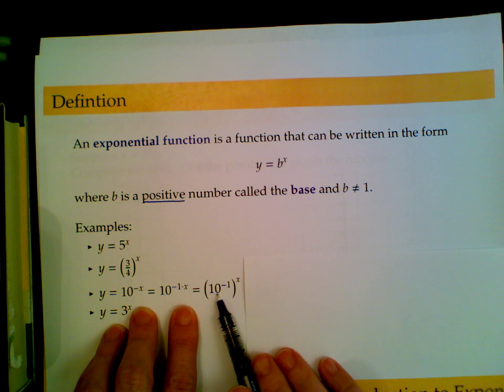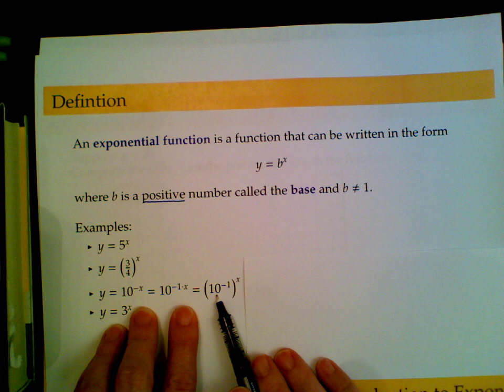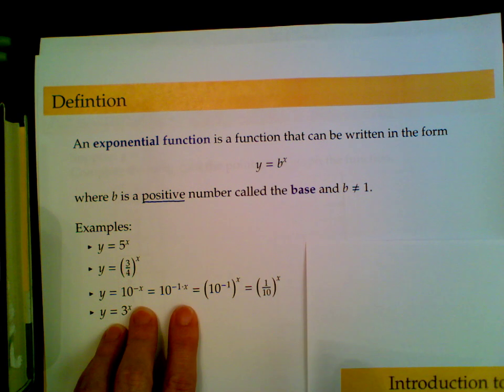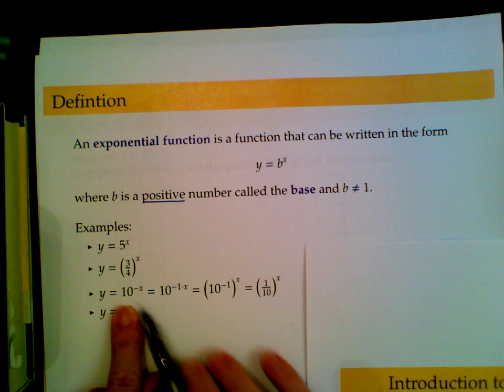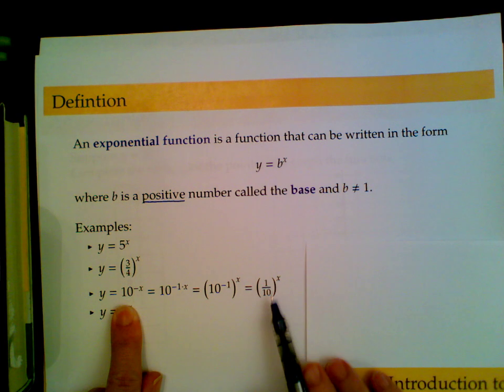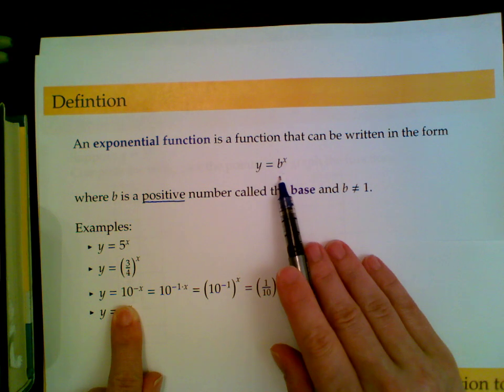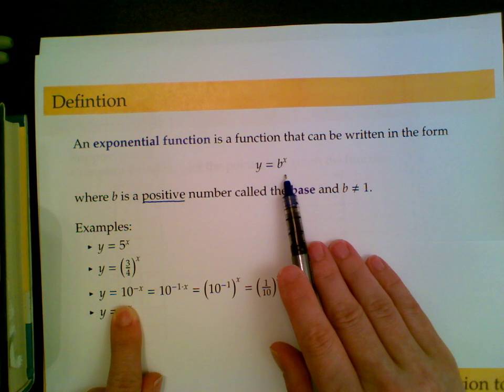And of course, raising something to the power of negative 1 is the same as taking the reciprocal of it. So the reciprocal of 10 is 1/10. So 10 to the negative x can be rewritten as 1/10 to the x. So that is an exponential function that meets this definition.